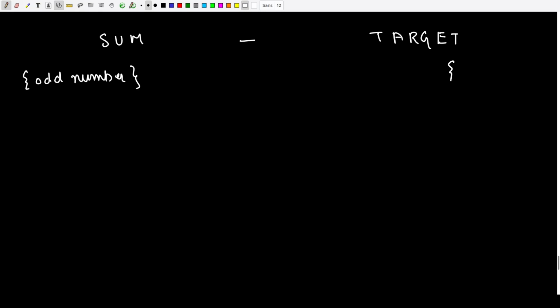We want to compute sum minus target, and sum is an odd number, target is an even number, and then we have this n plus 1, and n plus 1 in this case is an odd number, plus an odd number, and this odd number is coming from n plus 1.